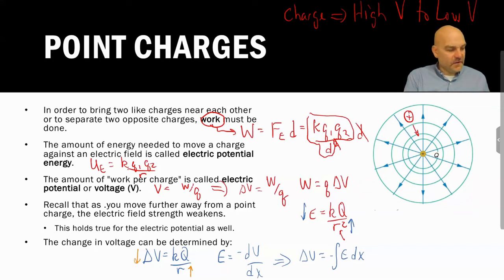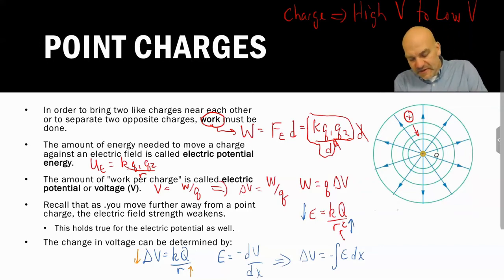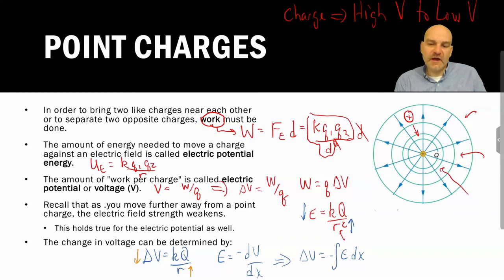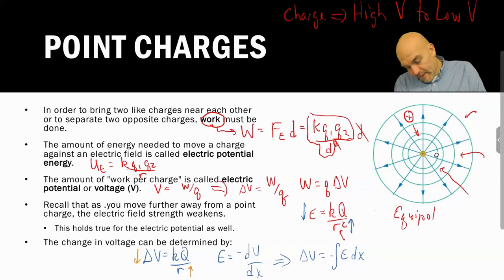Remember, it always goes from high to low. And what you see in this diagram, these circles that are surrounding this charge, those are not electric field lines. Those are what we call equipotential lines.